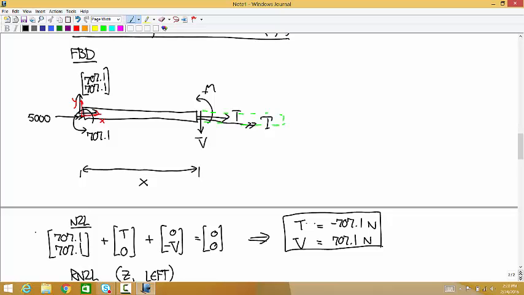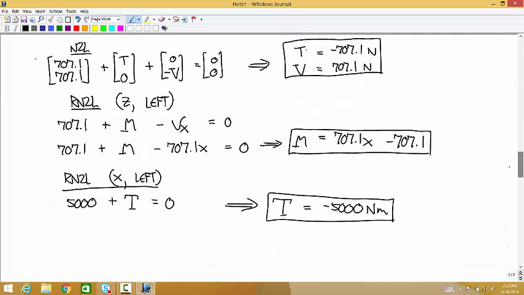They just are what they are. The torque doesn't vary, so there's no difference as you move along. This one does vary, though, as you move along x. So where's the magnitude biggest for this? When x is equal to 0, that's when we have the biggest bending moment in absolute value. And so this tells you that you're most concerned about this breaking at the connection with the wall.